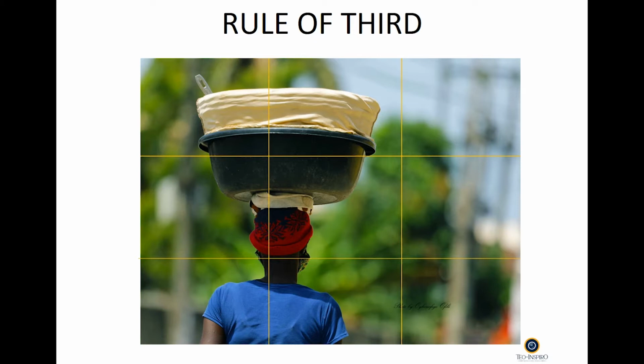Your subject should always be at one of the intersections, either intersection at the top or below, okay? Not in any of the boxes. Your subject should not be in any of the boxes. Your subject should always be at an intersection. I hope you get it.